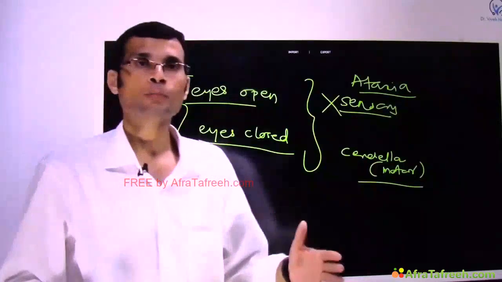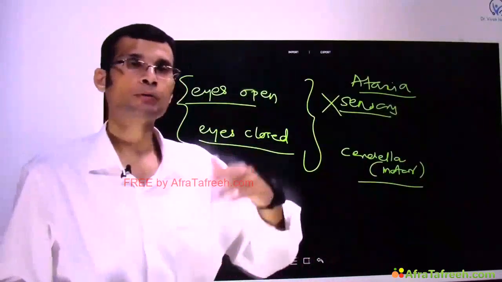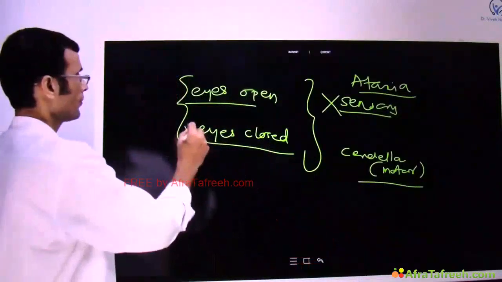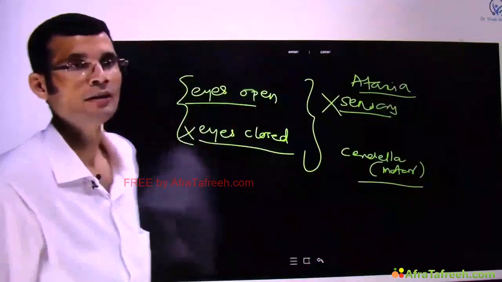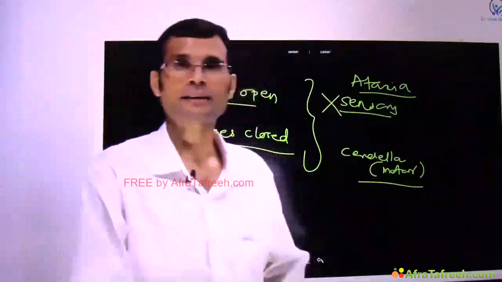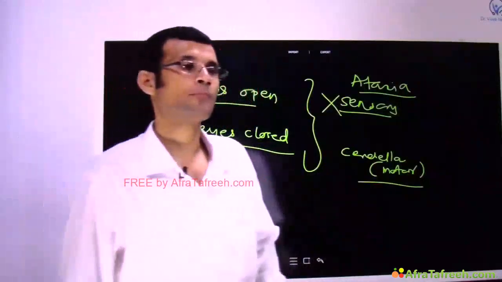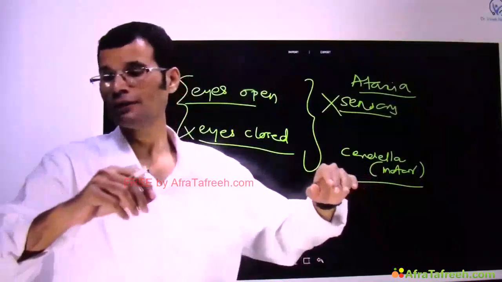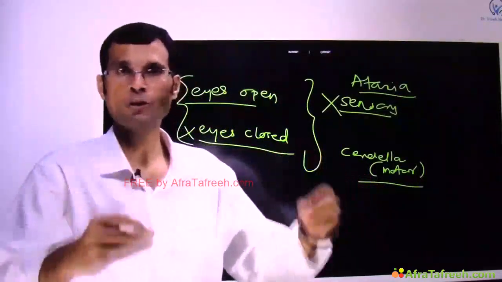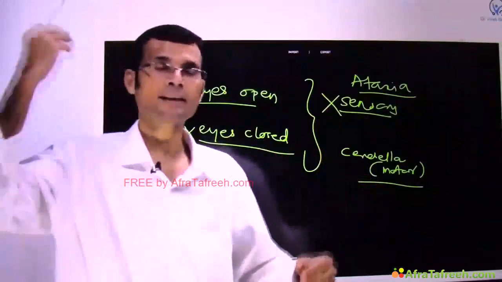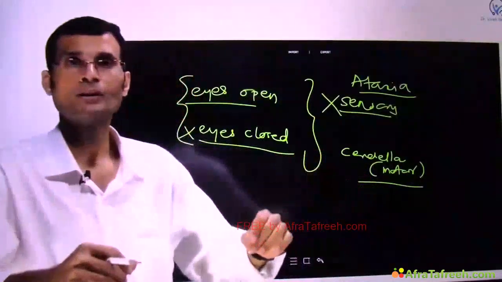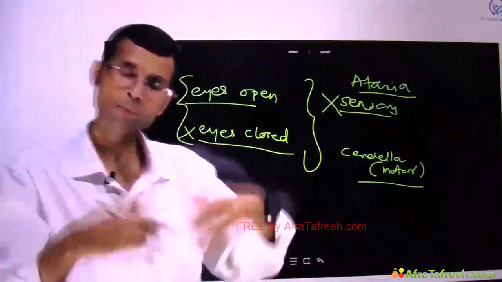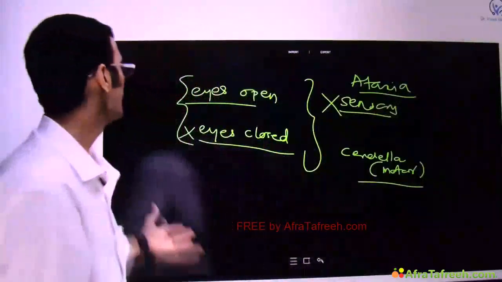When the eyes are open, the patient will be able to perform the movement, but when the eyes are closed, the patient will falter. That's the sign of sensory ataxia, because when the eyes are open, imagine that the patient is not receiving any information from his joints via the sensory pathways, but his eyes are open, so he can see his joints and correct his movements. So he is able to perform that movement.